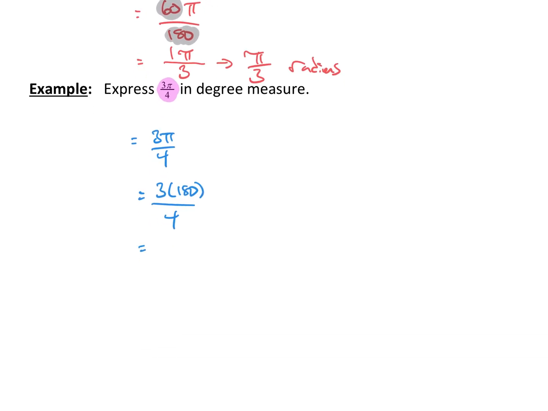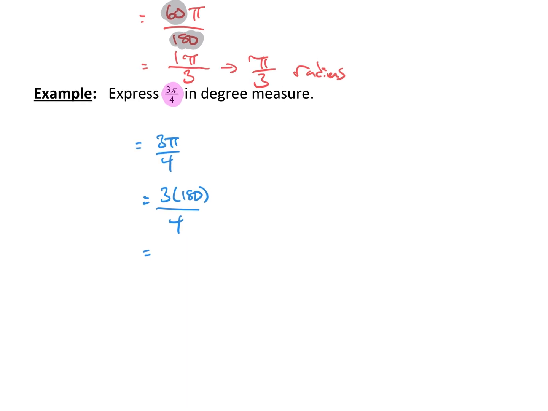That's 540 over 4. Half of 540 is 270, and half of that is 135. So the answer is 135 degrees.